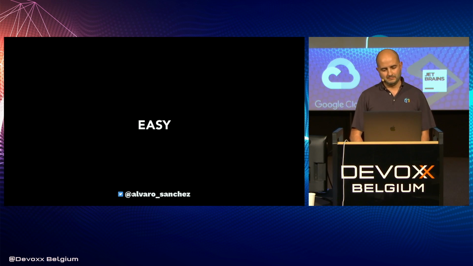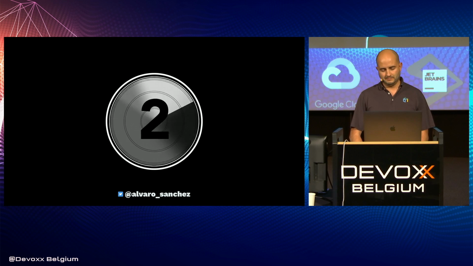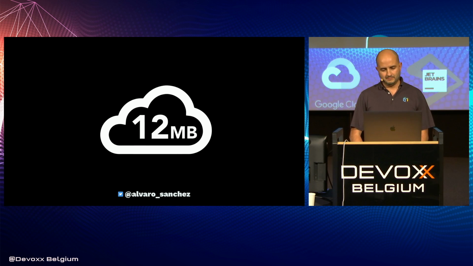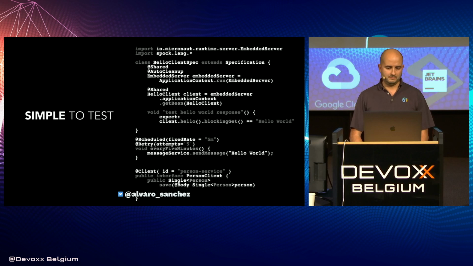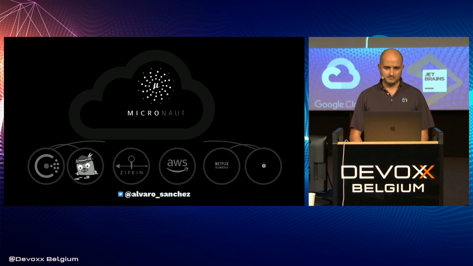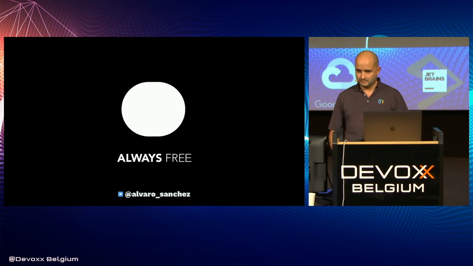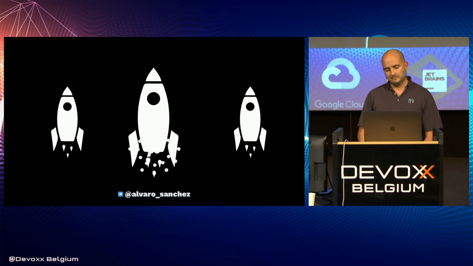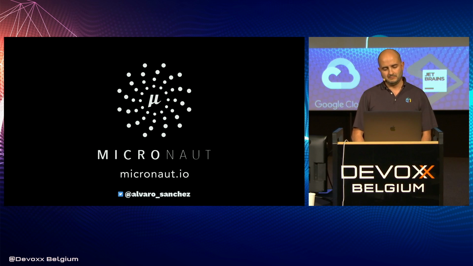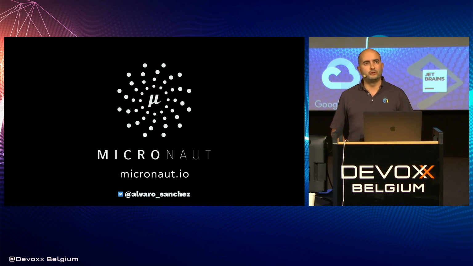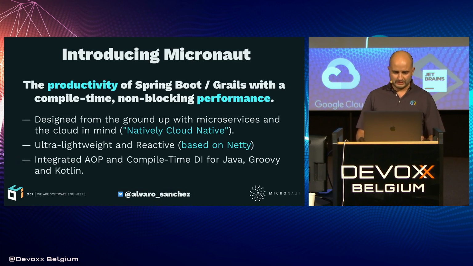It's easy to implement, features quick instant startup, blazing fast throughput, requires a minimal memory footprint, and is simple to test and run. Micronaut is natively cloud native, open source, and always free. Ready to blast off? Micronaut.io if you want more information.